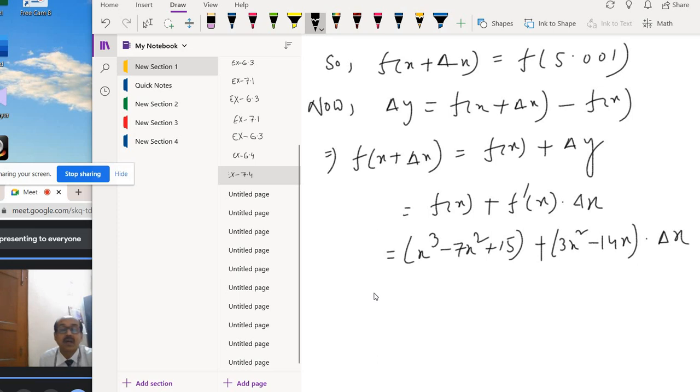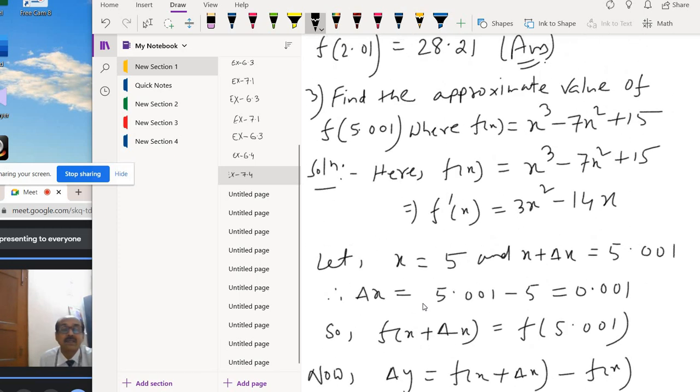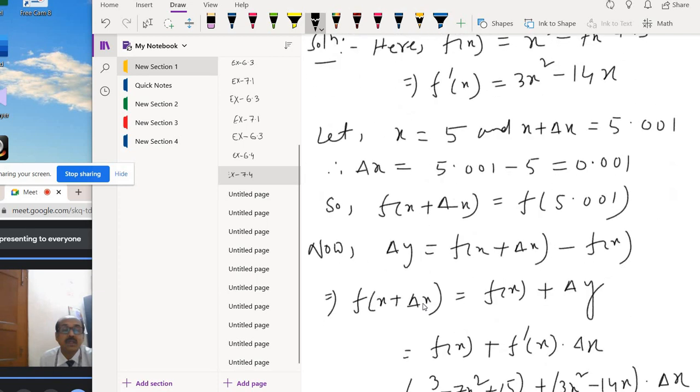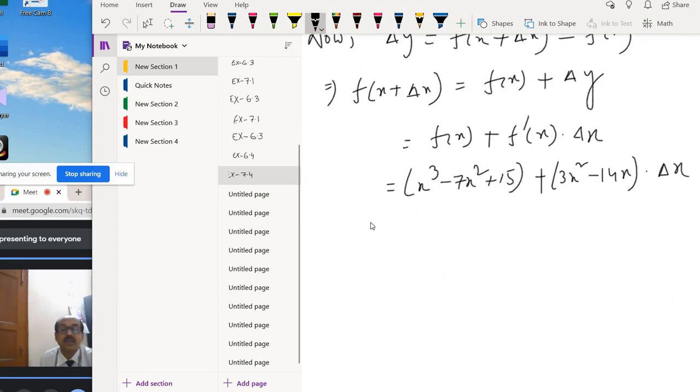Okay, now putting the values of x equal to 5 and delta x equal to 0.001.